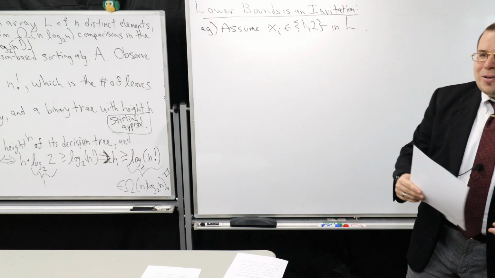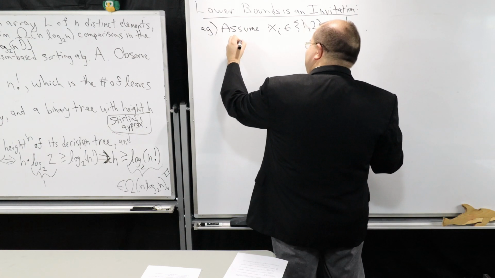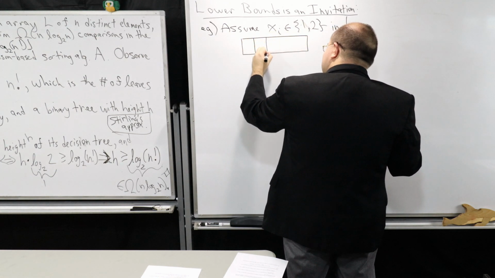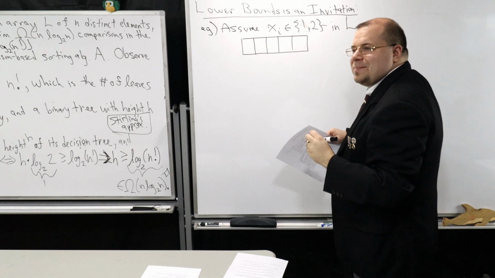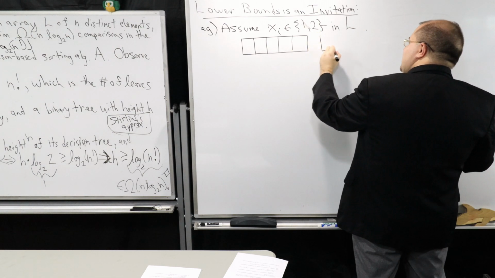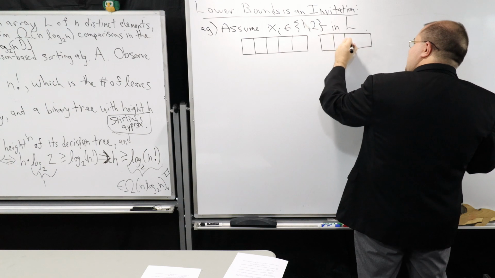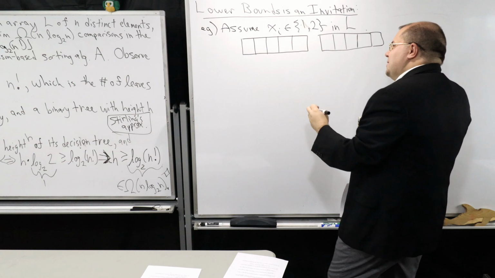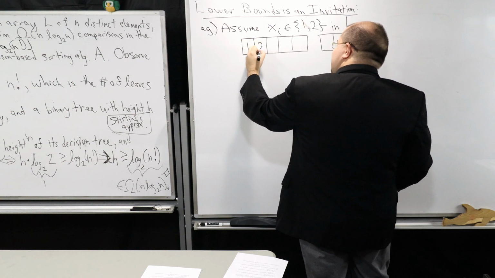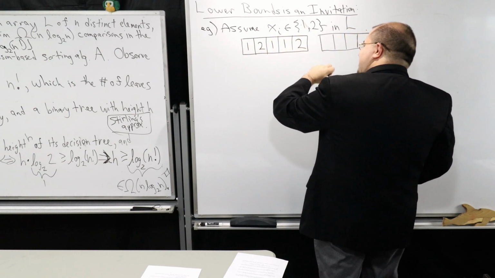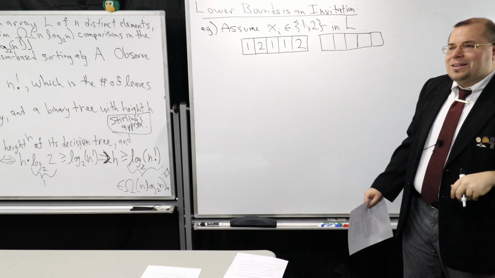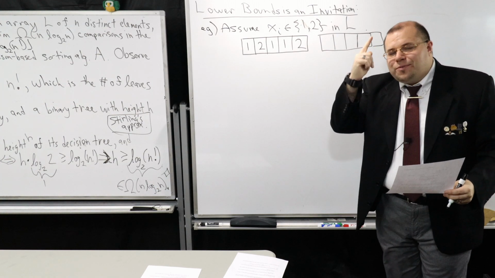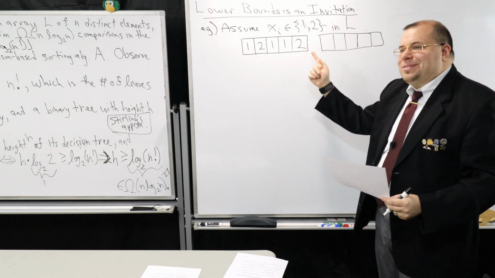I'll let you think about it, but I'm just going to draw a picture while you think. So imagine I just have 1, 2, 1, 1, 2 like this. Have you thought at all about what I could do to do this a little bit better?